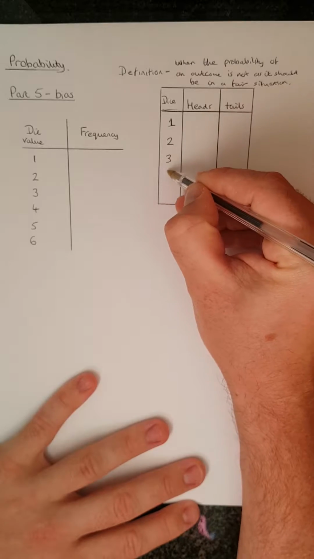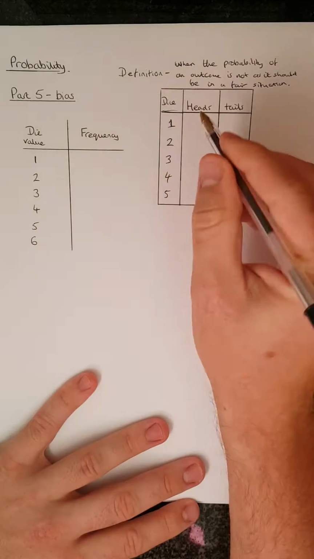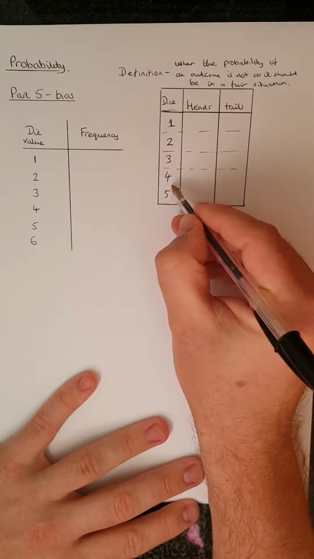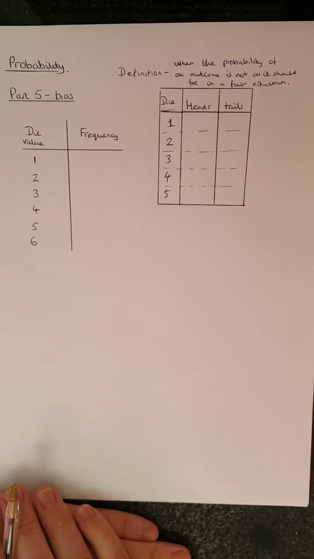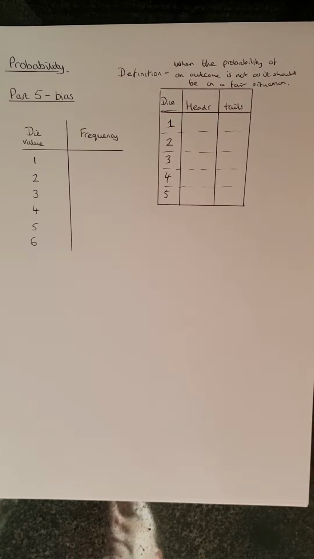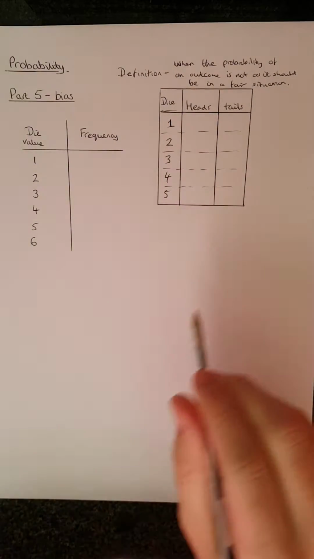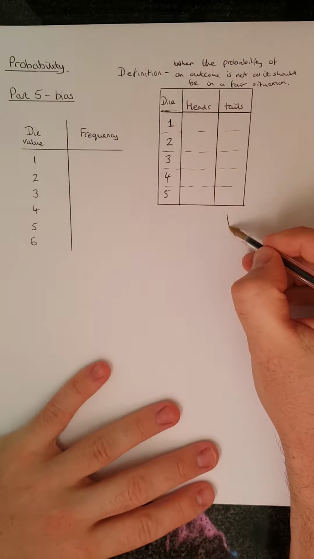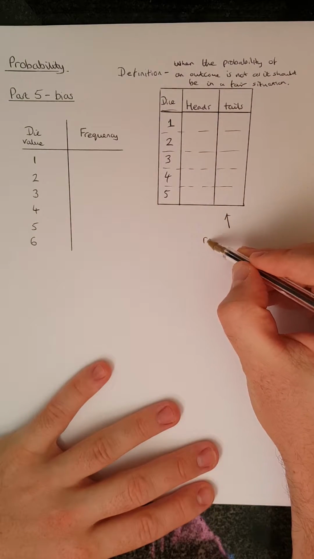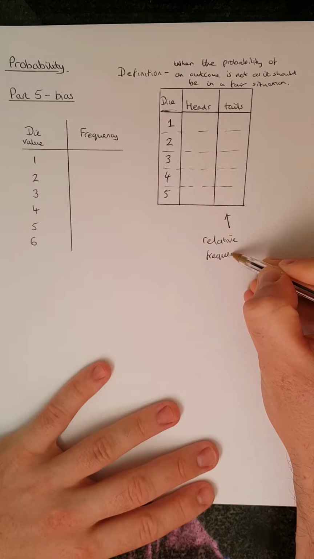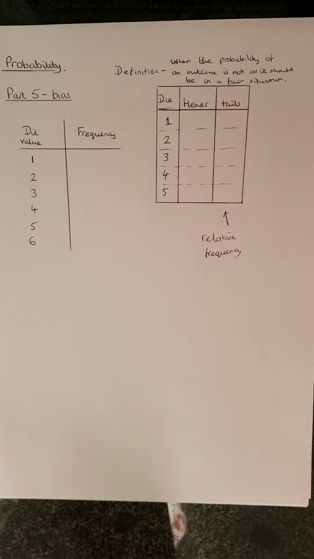So let's have a look at a series of 5 different dice and let's decide if you think any of these dice are biased. So if the outcomes are not what they should be. Now what I'm going to record in the table is the relative frequency, which is how often things happened.